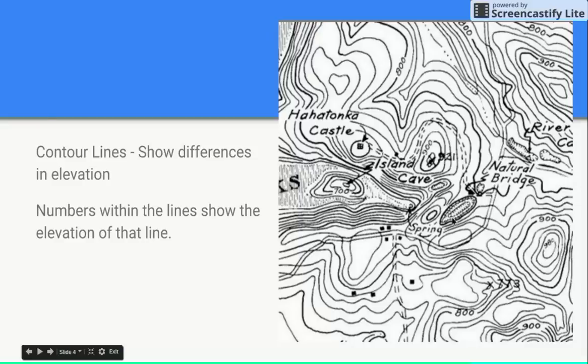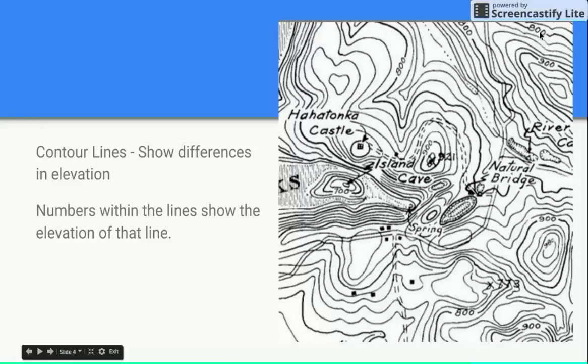So what you want to do when you want to find the difference or the interval, because it will be consistent throughout the graph, is find two numbers near each other where you can count the amount of lines between. So now that I look at this, I see 800, I see 900. There's 4 lines in between.